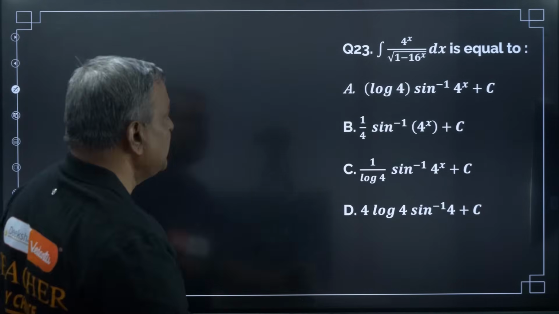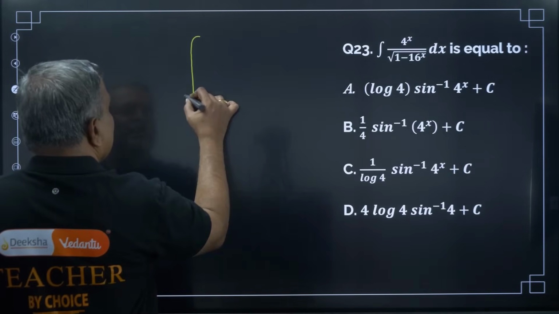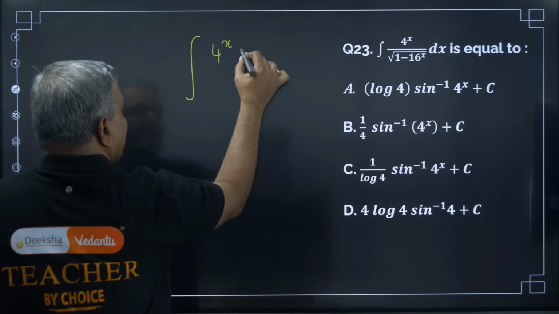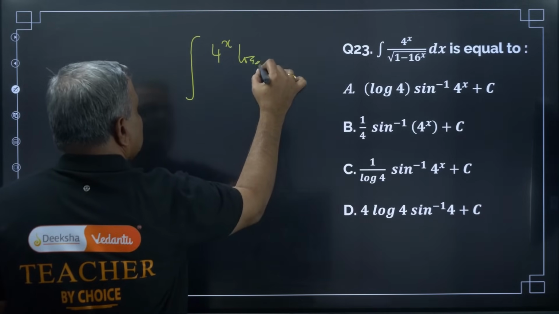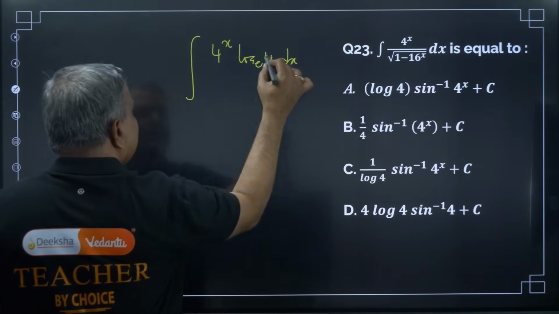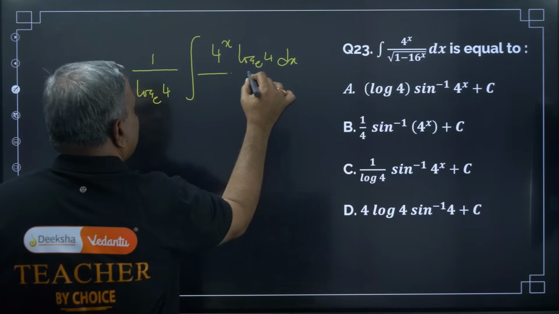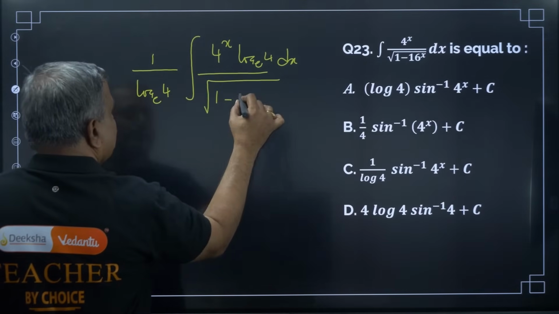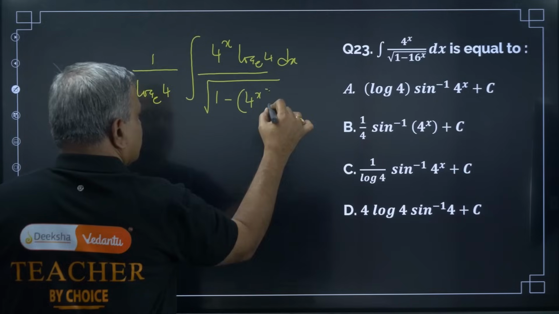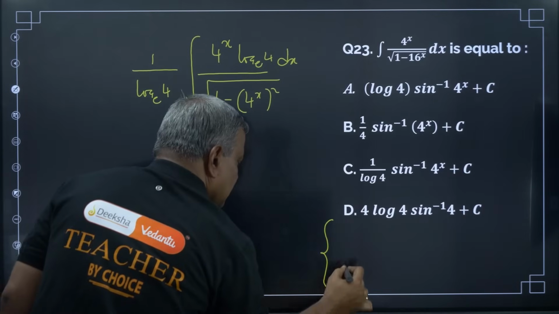Question 23. Standard question. This integral can be written as 4 to the power x log base e 4. I multiply and divide log base e 4 by under root of 1 minus 4 to the power x whole square. What is the concept?